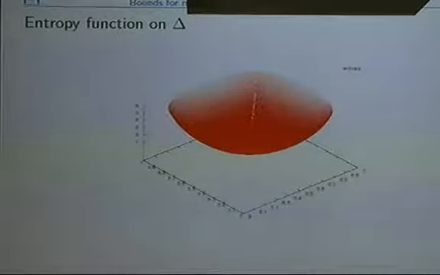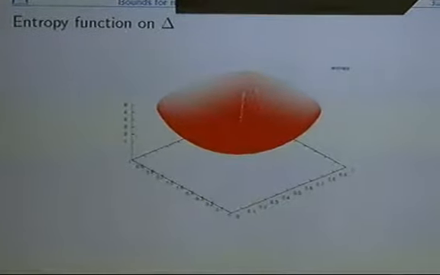So let me show a picture of the entropy function on the delta. Here is a delta. The original delta is a diamond, but I changed some coordinates and it's a right square. But here is a delta, and we can compute the entropy function.